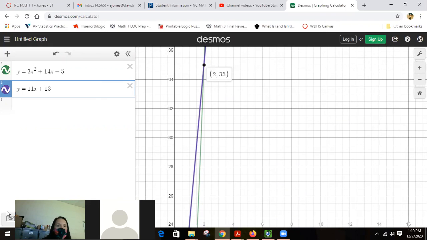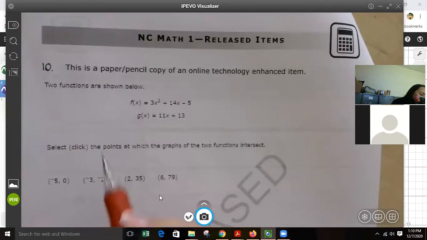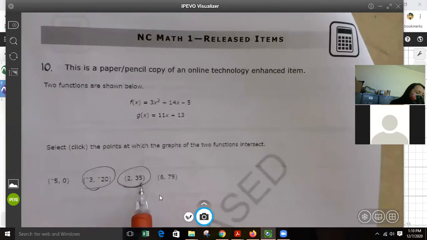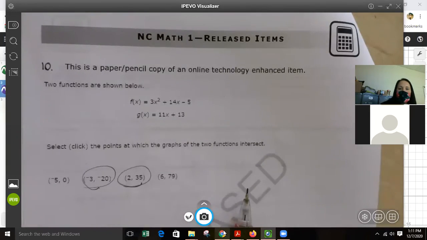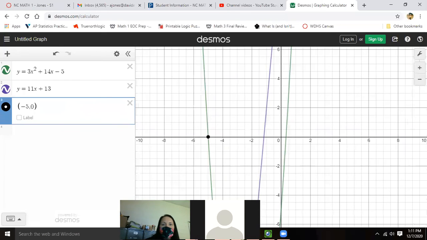So when I go back, again, let me move this out of the way. When I go back, I got -3, -20, and 235. Guys, check this out. You can also put those numbers in. So -5, 0. And I'm gonna hit home so that we can see it. This is just me going over it one more time.